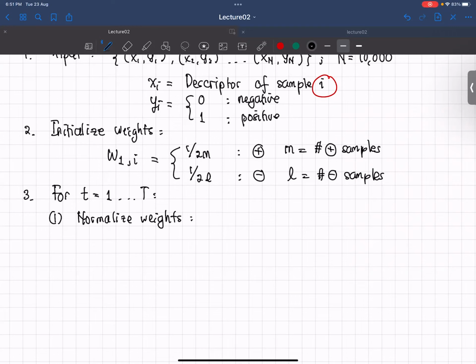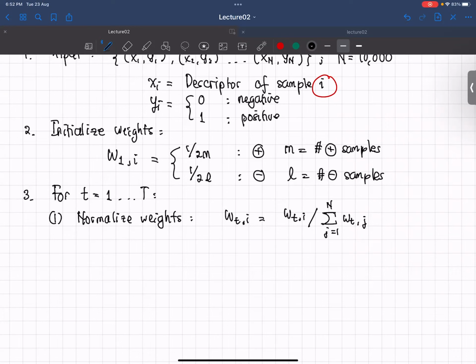The normalization has to be done for every iteration, for every sample: w_t,i equals w_t,i divided by the sum of j equals 1 until j equals n, w_t,j.